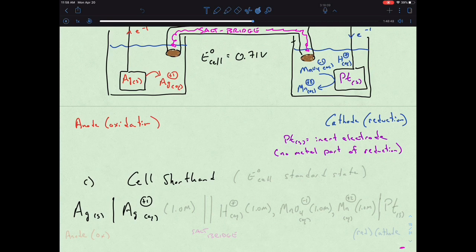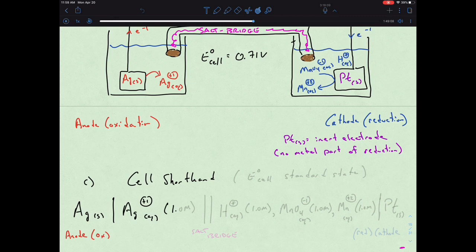We have here our anode, right? We're talking about our oxidation side of the half reactions. And we see we have our phase change with that vertical line.